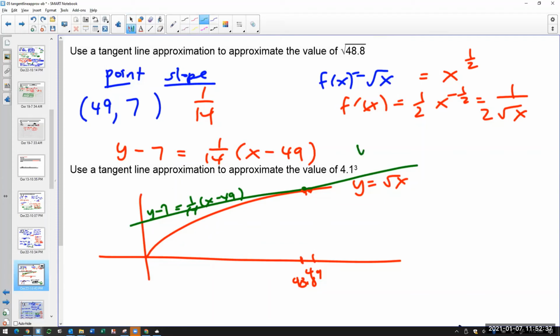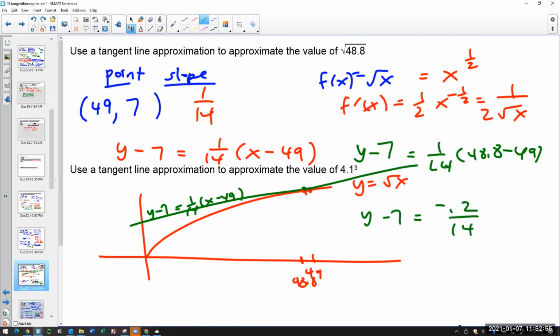So I'm going to plug into this tangent line, but plug in 48.8, so that's 1 over 14. What's 48.8 minus 49? Is that negative 0.2? Okay, so I have y minus 7 equals negative 0.2 over 14. Hold on, I'm going to put that in my calculator. I'm getting 0.0142. Do you guys see that?